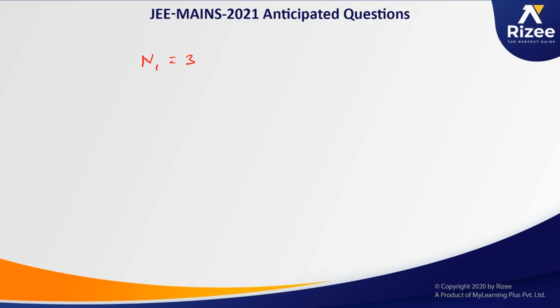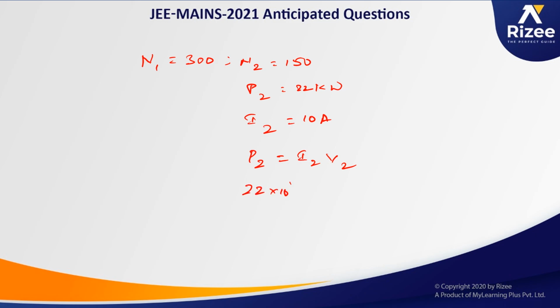So the number of turns in the primary is 300 and the number of turns in the secondary is 150. The output power, P2, is 2.2 kilowatts, and the current in the secondary coil is 10 amperes. From the power and the current we can find the voltage in the secondary: P2 is equal to I2V2, which is 2.2 kilowatts, 22 into 10 power 3 is equal to 10 into V2.